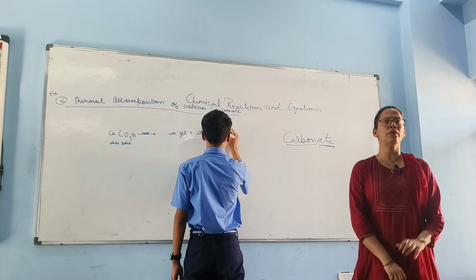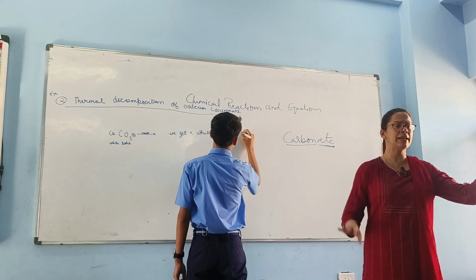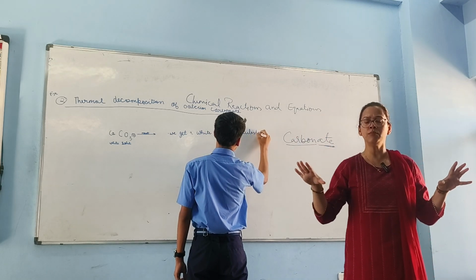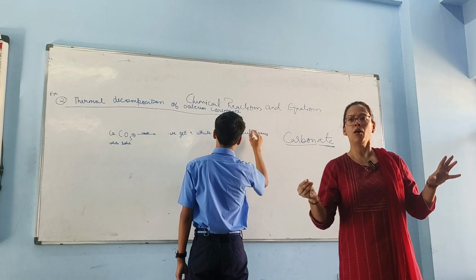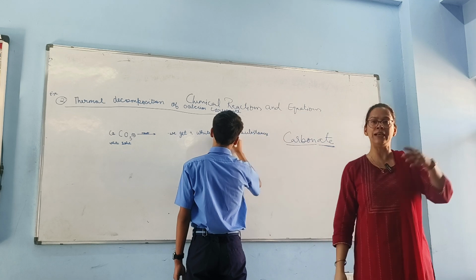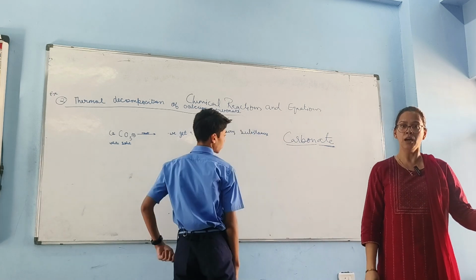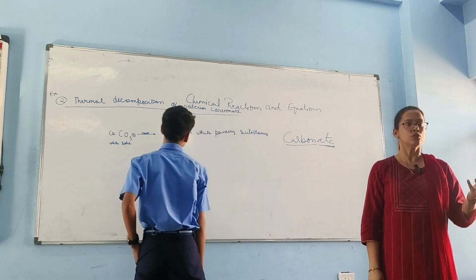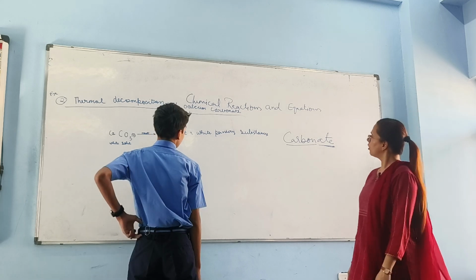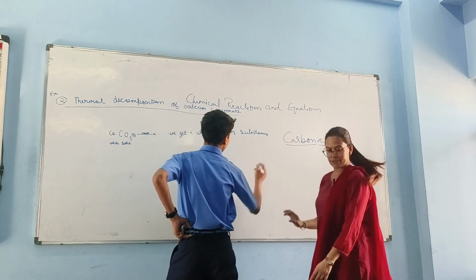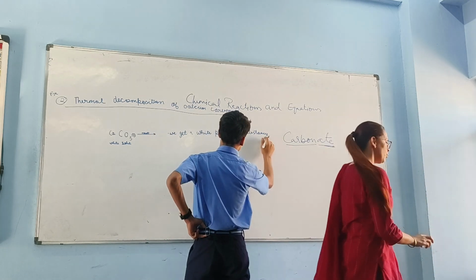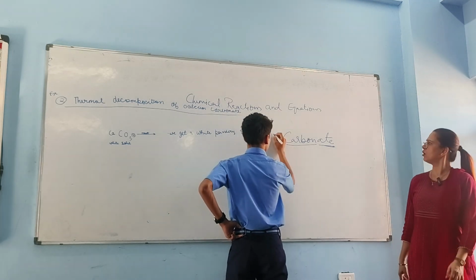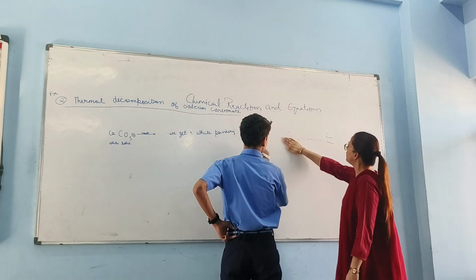So what is the difference between calcium carbonate and calcium oxide? Calcium oxide is white powdery, whereas calcium carbonate is a crystalline white solid, right? White powdery substance of calcium oxide. How do we write calcium oxide? Calcium oxide, what all will we have?